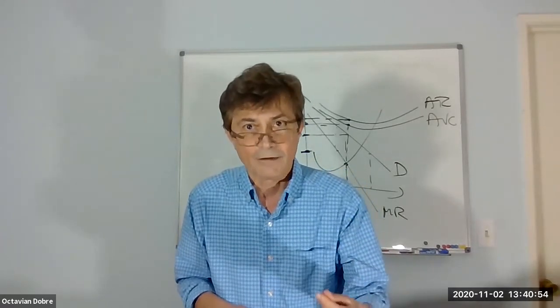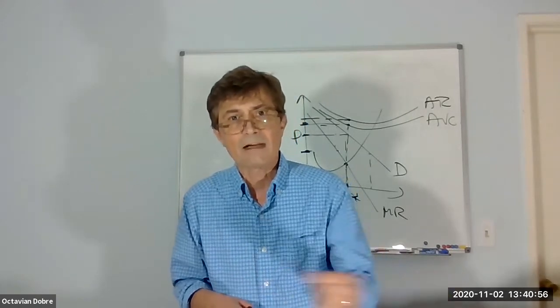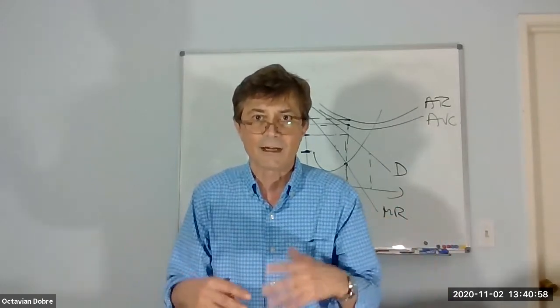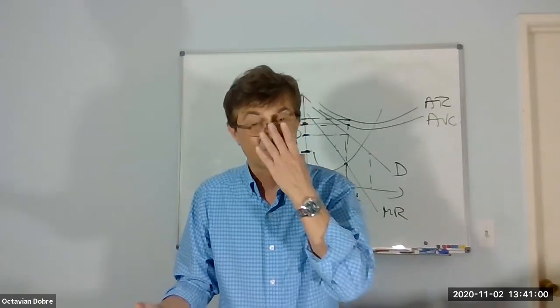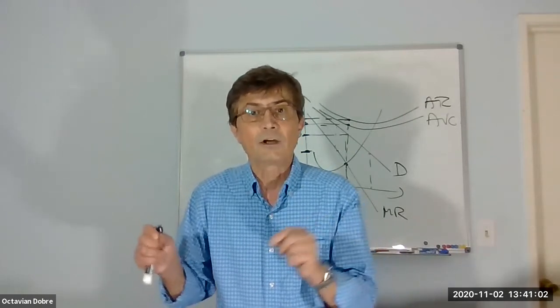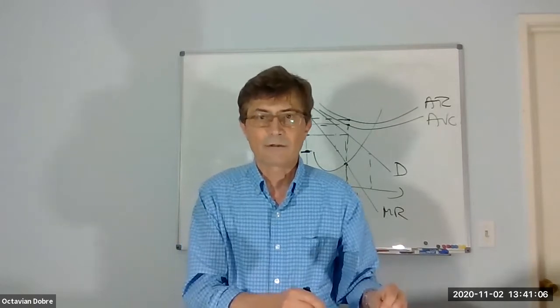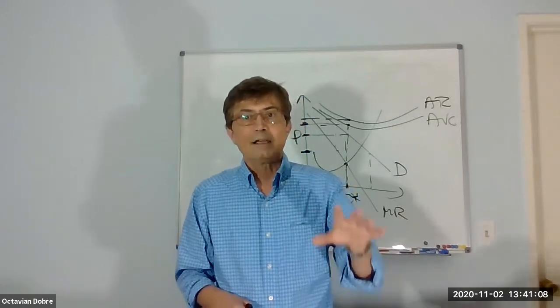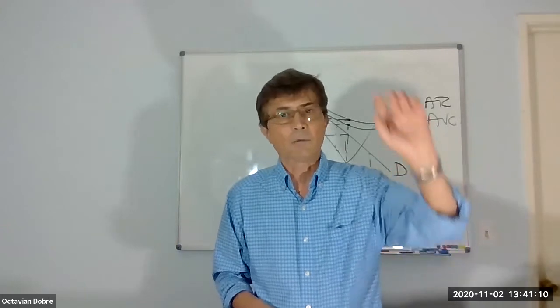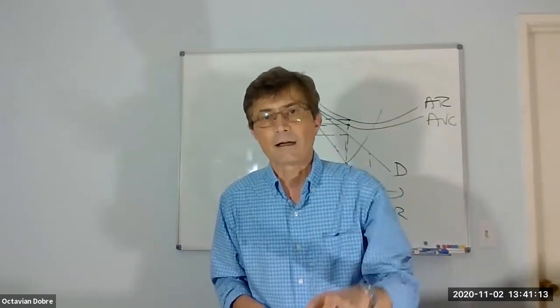In the long run, if there are many firms, that means it's easy to get in and easy to get out. So that implies that in the long run, the only profits they can make are zero economic profits. In the short run, anything is possible: positive, zero, or negative economic profits.